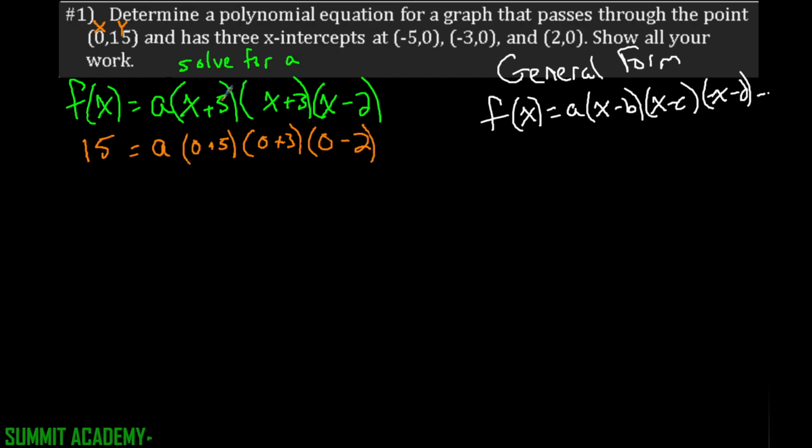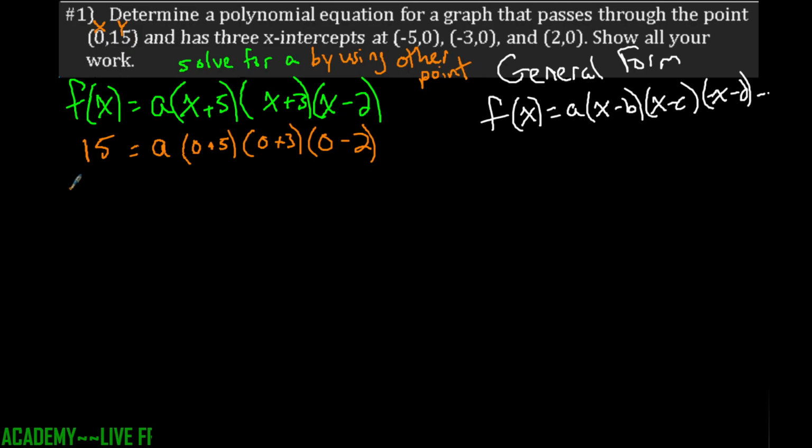We have to use this extra point to solve for a. So solve for a by using the other point. You substitute those values in for your variables, and you solve for a.